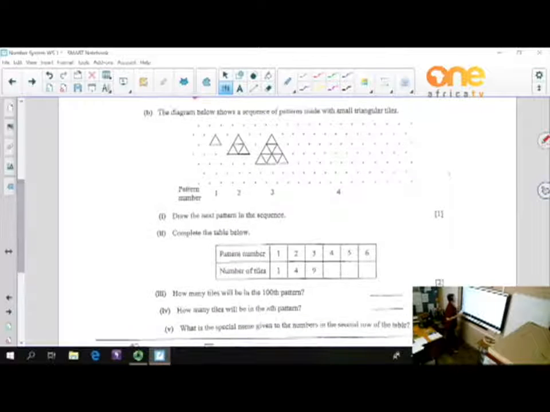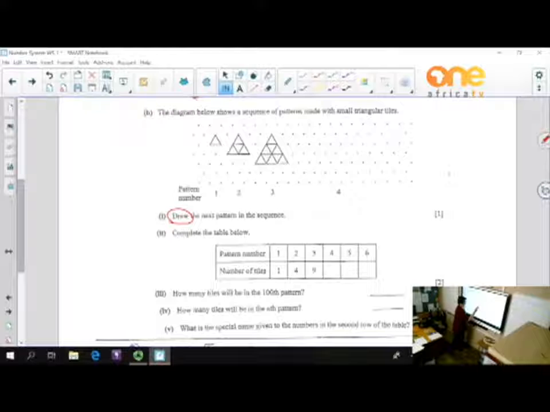Number B. The diagram below shows a sequence of patterns made with small triangles. So you can draw the next one here, use a ruler, and make sure that you draw it precisely, neatly, with the correct number of tiles there. So in the first place, we draw the next pattern, then complete the table.